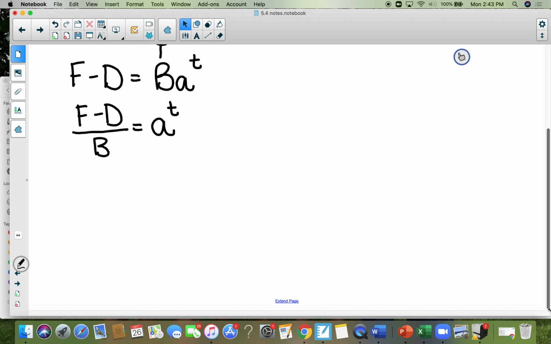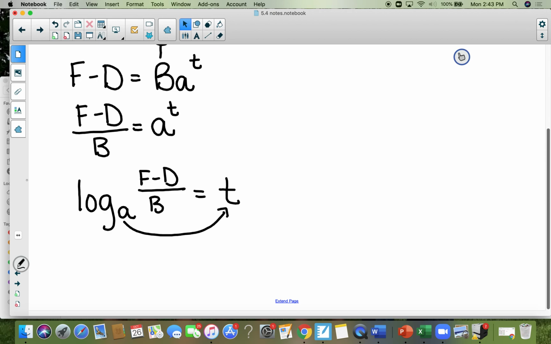So now that you have the base number, you're going to do the log base a of f minus d divided by b equals t. And I can check it by going from log back into exponential. A to the t is equal to f minus d divided by b. So I know I did it right.